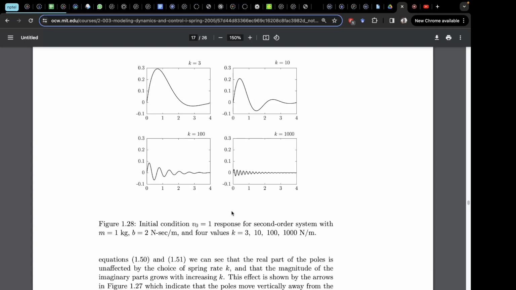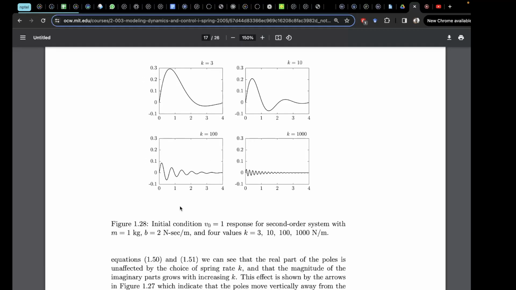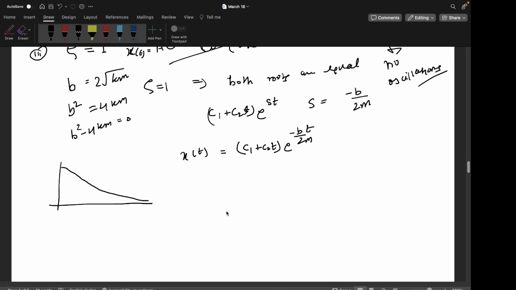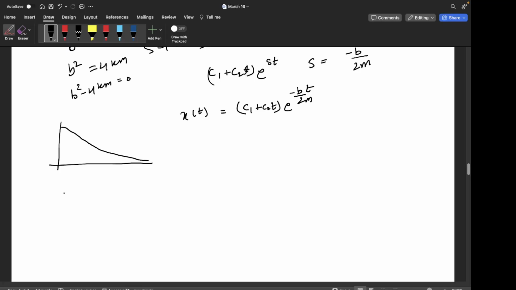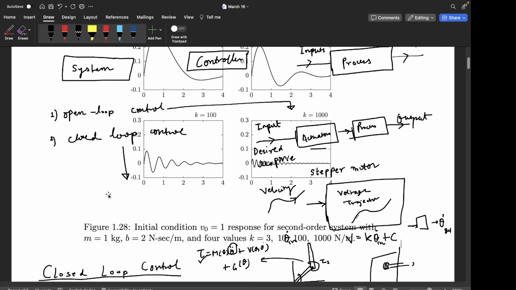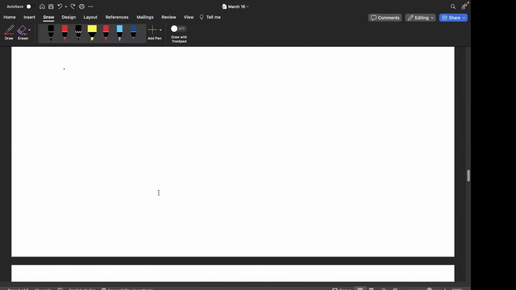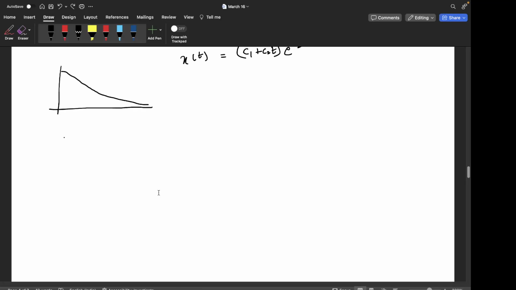So for each of these cases you can just qualitatively see also, let's calculate the damping ratio for these cases. Let me just quickly write down these values. So v0 is equal to 1.